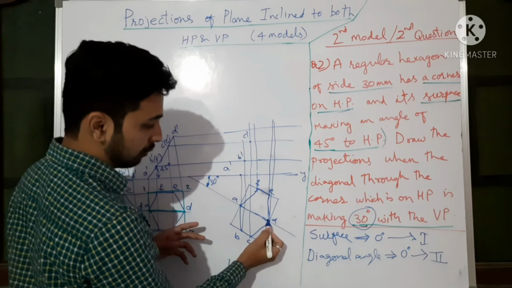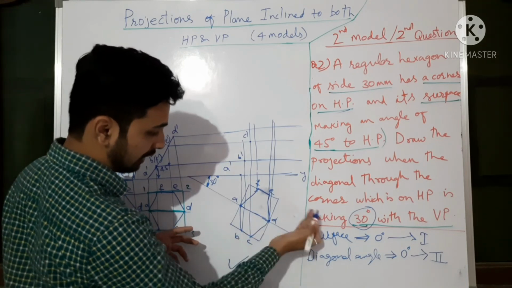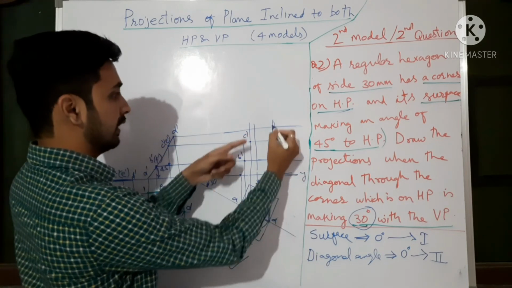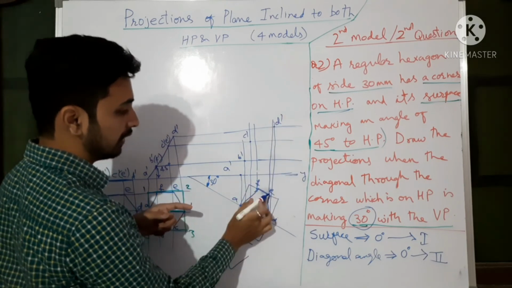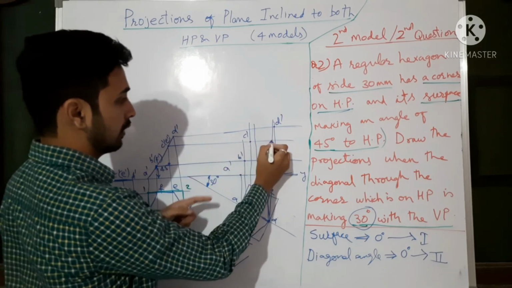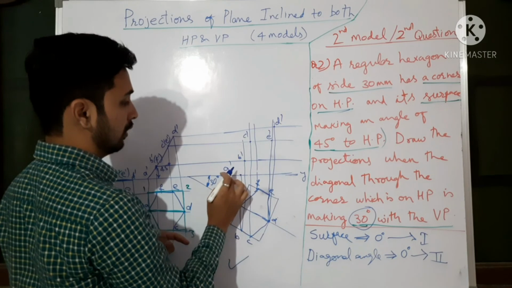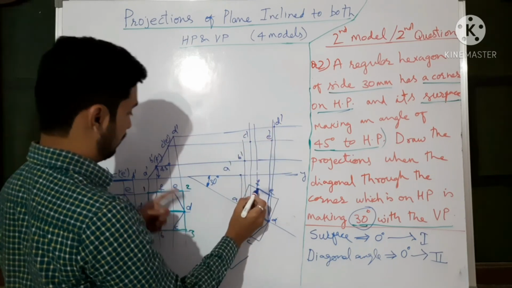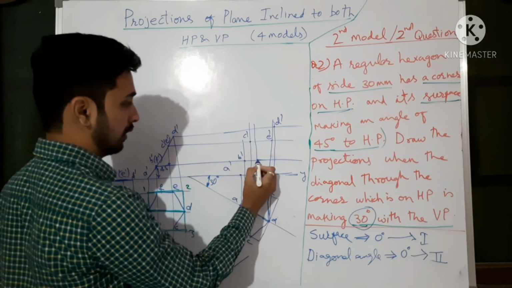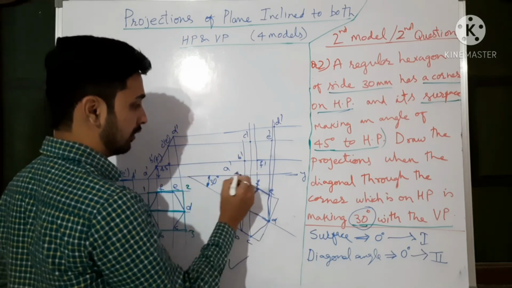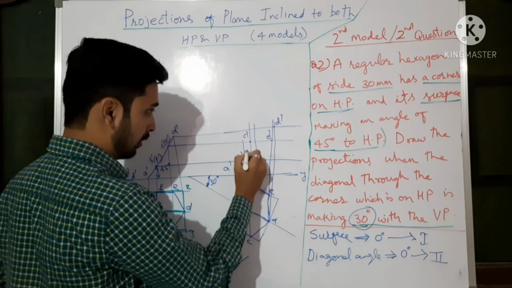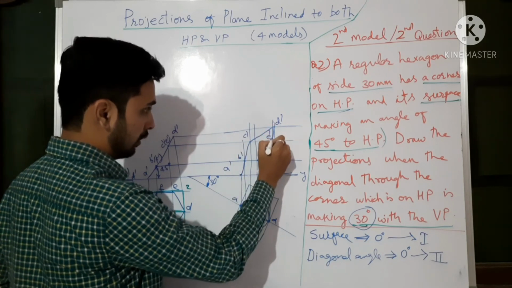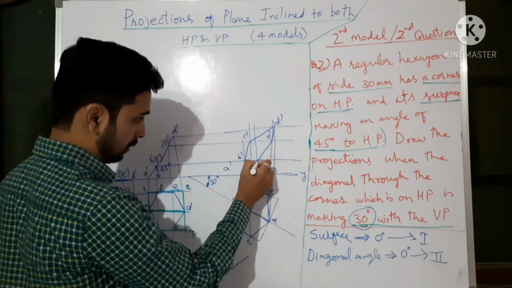So I will assume this side is D, and here is the D. This side is E, here is the E. A, B, C, D, E, then comes F, and F somewhere here, F dash. So let us join all this: A, B, C, D, E, F, then again A.